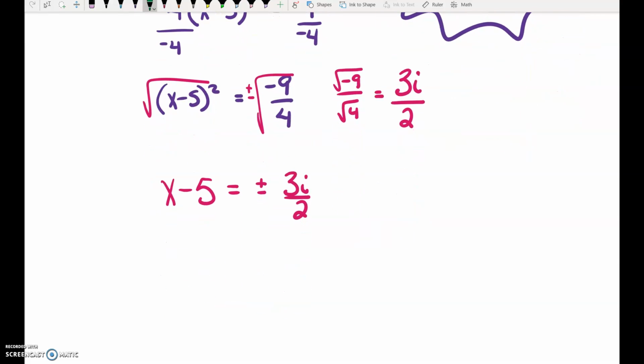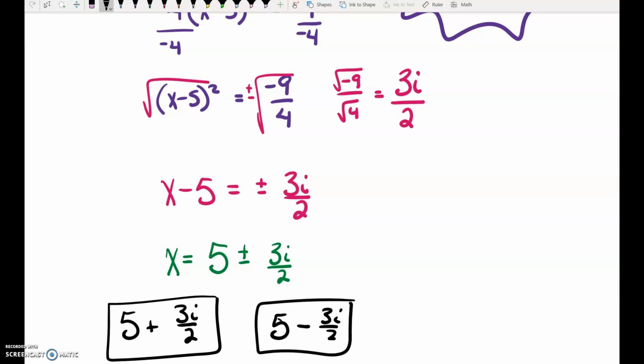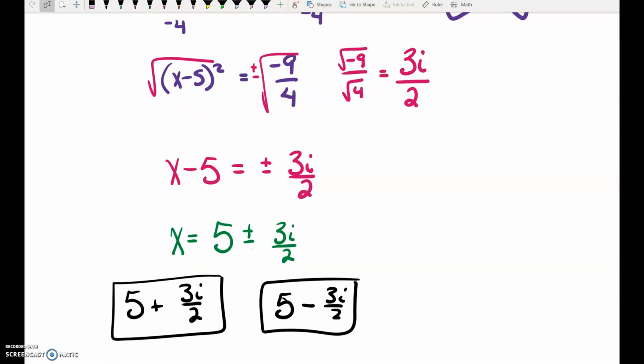So then we add 5 to both sides, and we get x equals 5 plus minus 3i over 2. So in Big Ideas Math, you'd have 5 plus 3i over 2, and you would have 5 minus 3i over 2. And there are fraction buttons in there. It gives you that math keyboard so that you can get that fraction thing and make it look just like that.